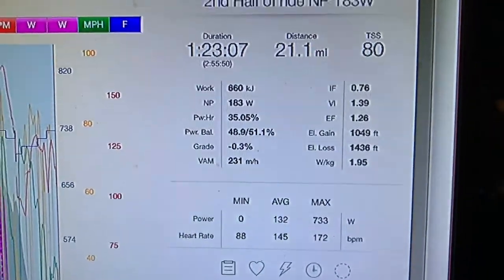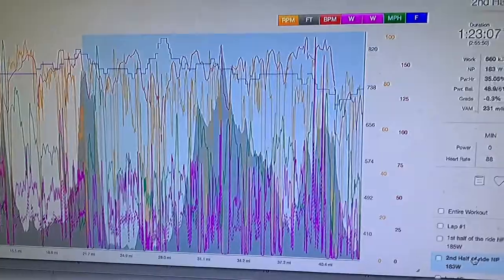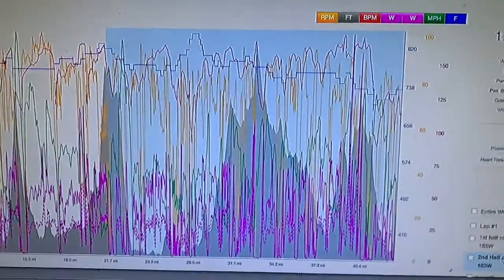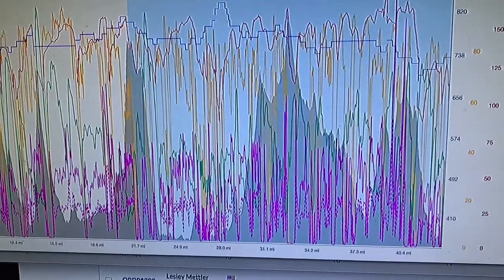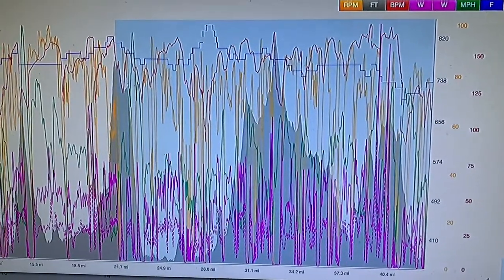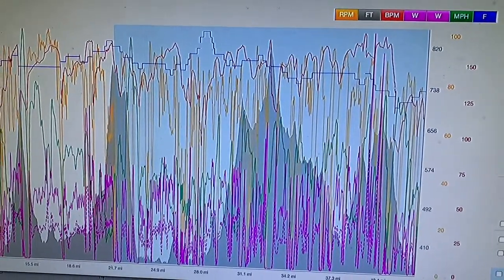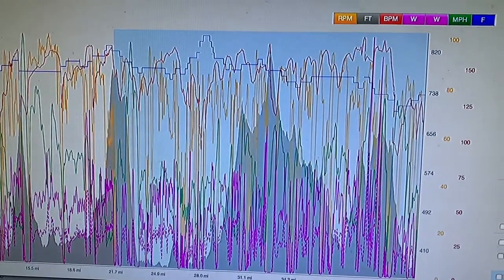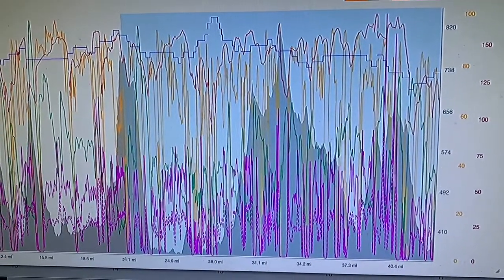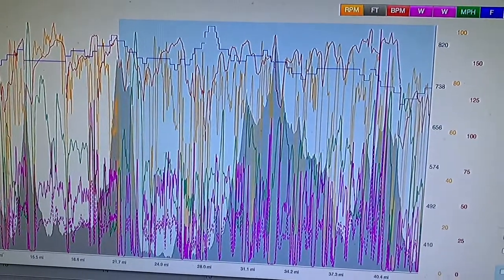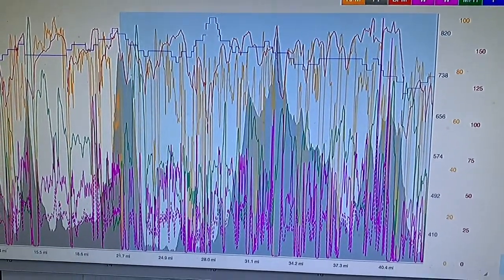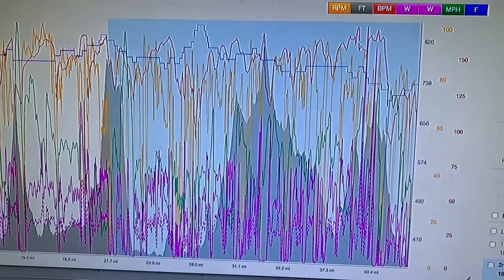Now, I'll put a link in the description of the video and the conversation I had with the gentleman who joined the ride, because I said to him, never do anything in the first hour you cannot repeat in the last hour. And I made the comment also that you gauge that based on the distance, the duration of the ride.